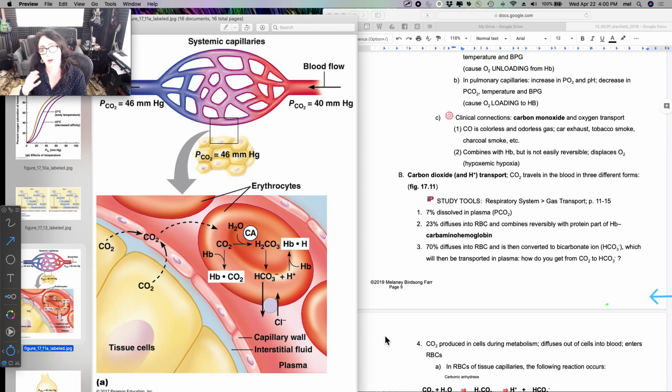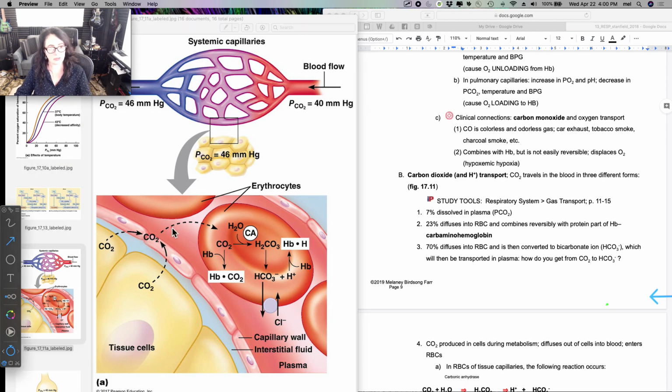So first off, carbon dioxide travels in the blood in 3 different forms, and we're going to go through this a couple of times, so don't worry about it the first time through. At any given time, about 7% of the carbon dioxide is just in the blood plasma as carbon dioxide. And that adds directly to your PCO2.